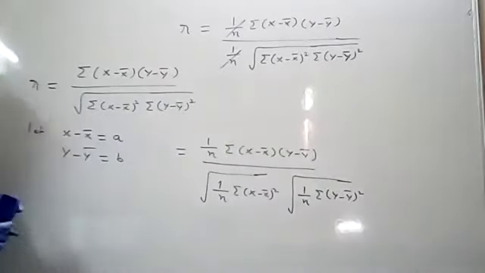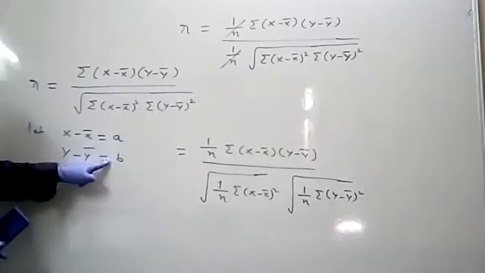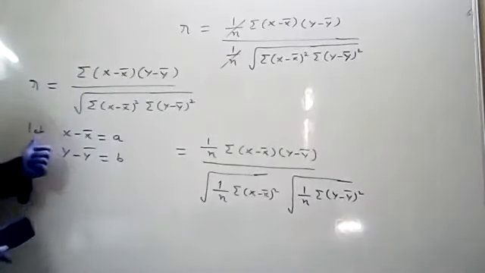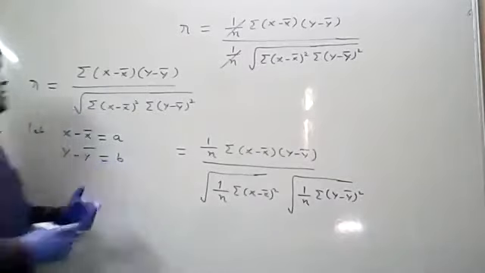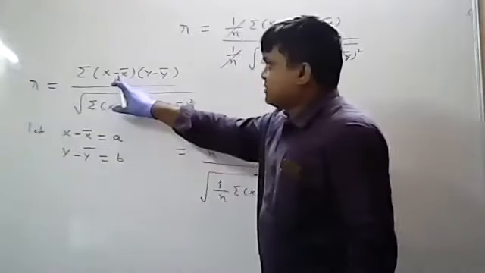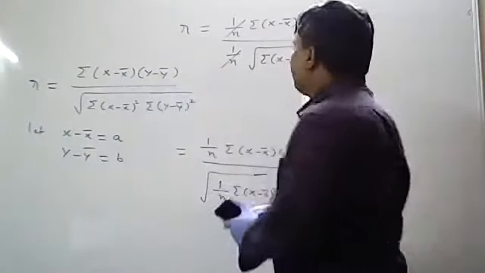So x minus x bar equal to a and y minus y bar equal to b, or bi, your wish. Summation you are using i equal to 1 to n. If you write i here, then automatically you get i here also. Now I am assuming x minus x bar is equal to a, y minus y bar equal to b. Then what is the r value you get?